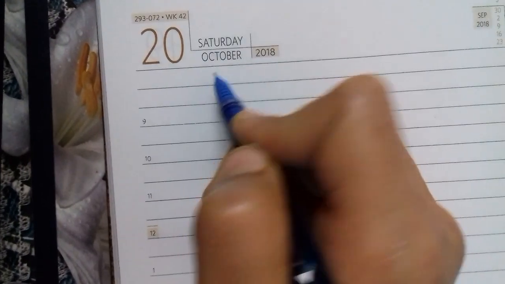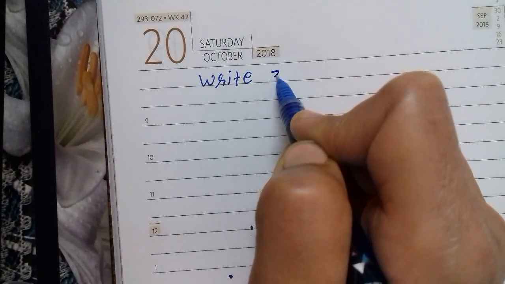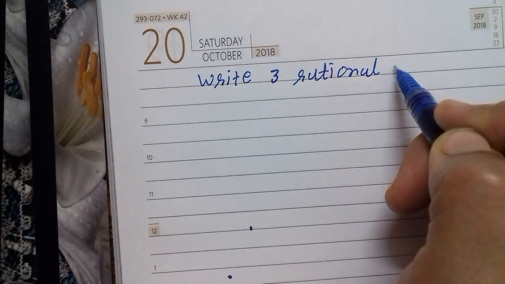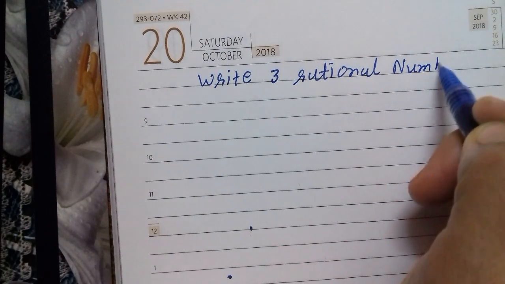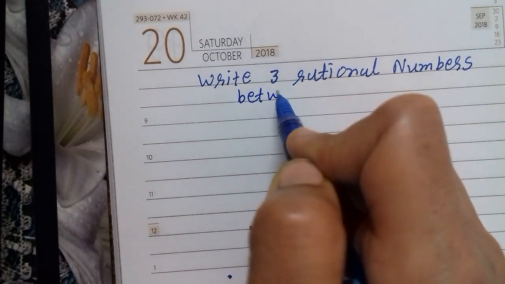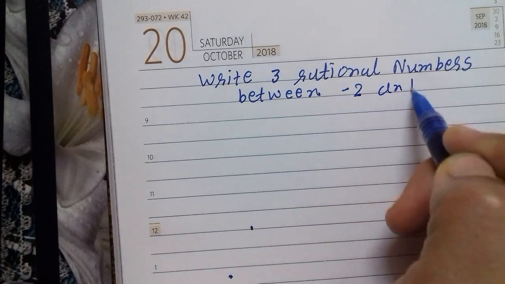For example, write 3 rational numbers between -2 and 0.